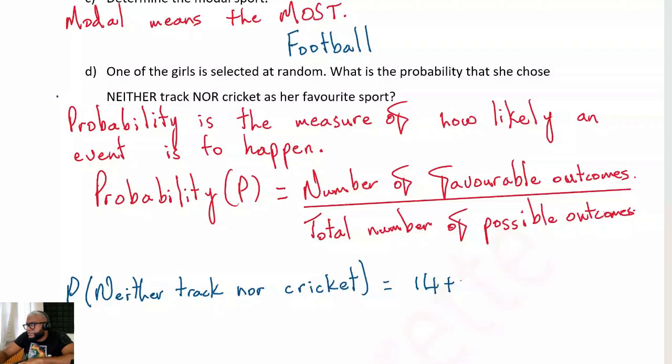And football, 21, plus 11. 11 is tennis. And how much is the total amount of girls we have? The total, 75, the number of possible outcomes.